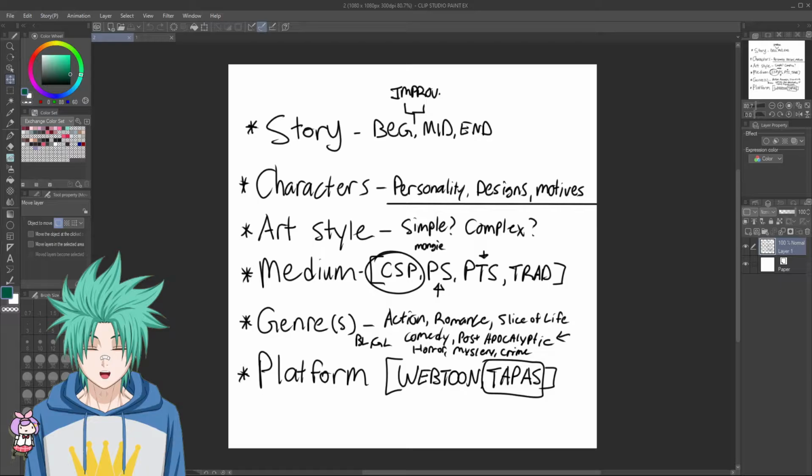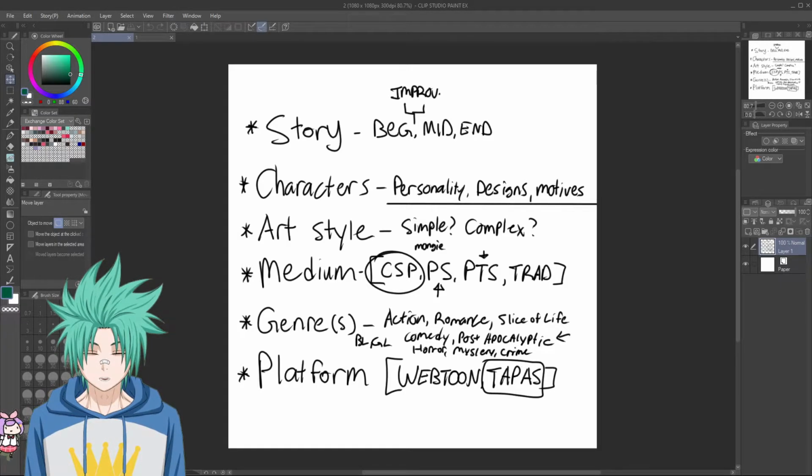So yeah, moving on with that, we have the characters. Now with characters, you have personalities, your designs, and their motives. Everything is completely up to you guys: how they want to look, how they want to act. But the motives are very important. Depending on what your story is, you always want to have them have some sort of goal. Now, it can be very small.